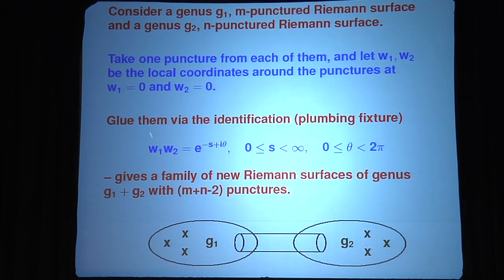Then we can glue them via the identification w1 w2 = e^(-s + i theta), where s is a real number which we will let run from 0 to infinity, and theta is a periodic variable running from 0 to 2 pi. And this effectively gives a family of new Riemann surfaces of genus g1 plus g2, but now with m plus n minus 2 punctures, because 2 of the punctures have been used up in the gluing process.